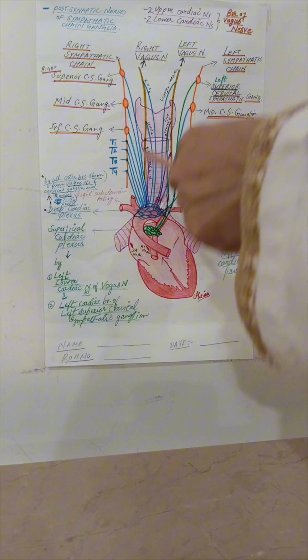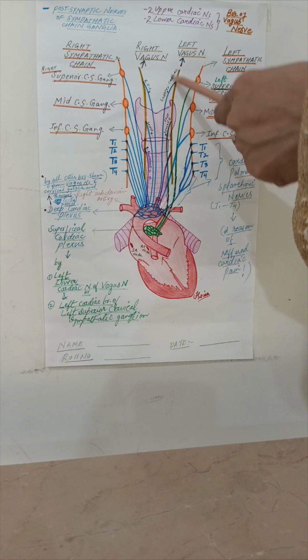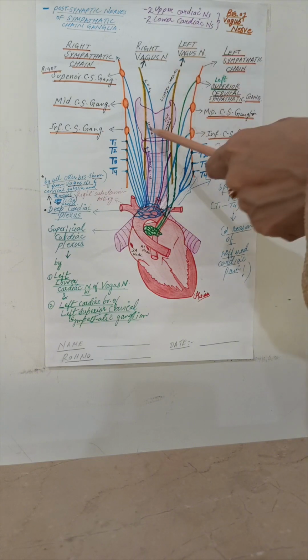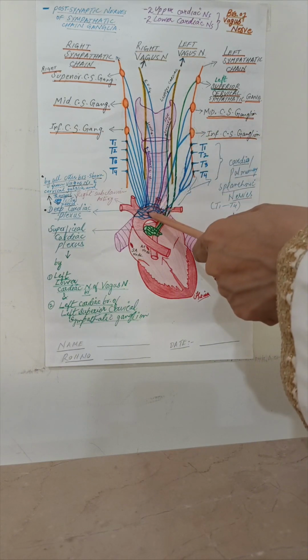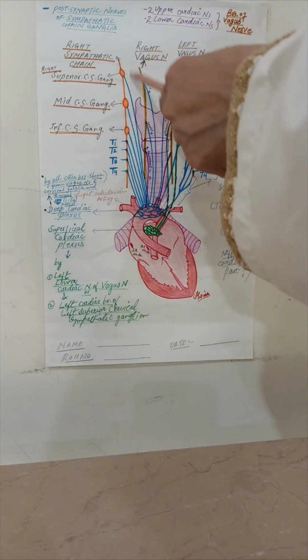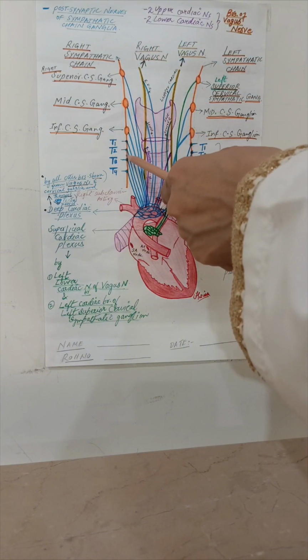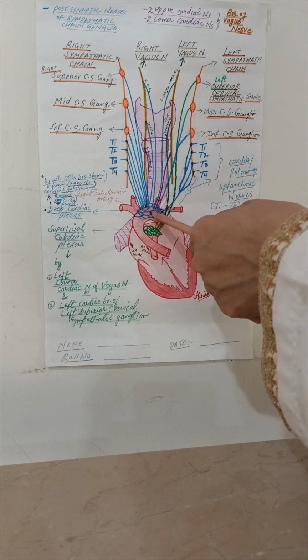And the leftover branches of the vagus nerve, the upper cardiac from the left side, and on the right side the upper right cardiac and the lower cardiac, both take part in the deep cardiac plexus. Now on the right side, the superior, the middle and the inferior, and T1, T2, T3 and T4, they all take part in the deep cardiac plexus formation.